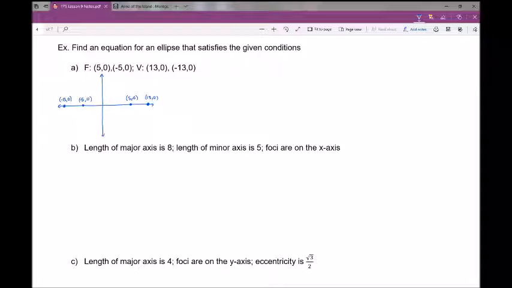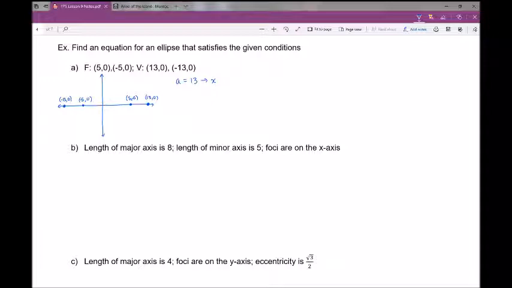So if you notice, we know now that our horizontal axis is the major axis because that is the axis on which our foci lie. So we know that the letter A must be 13 and it's related to the x-axis, okay? And I say that because that's how I remember how to write these equations down, is you basically just match the number with the axis that it belongs to, okay?